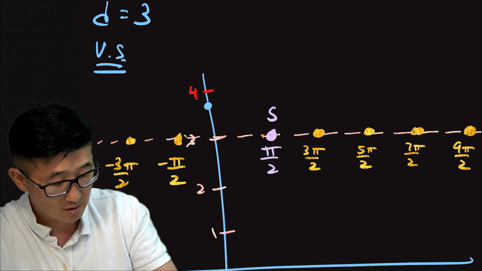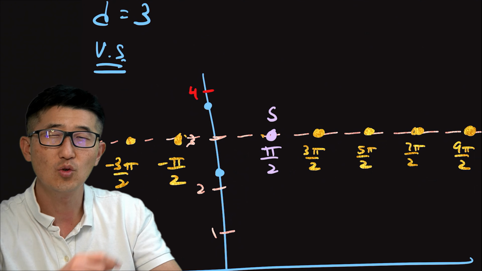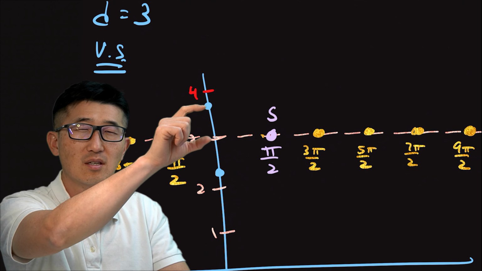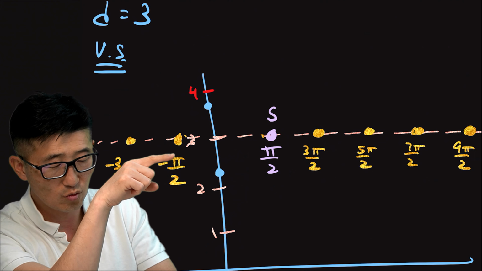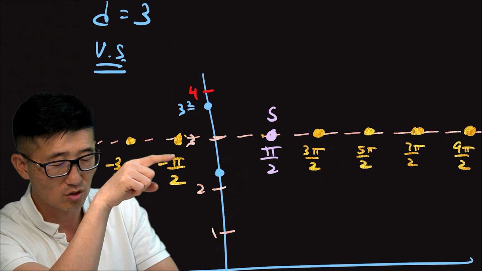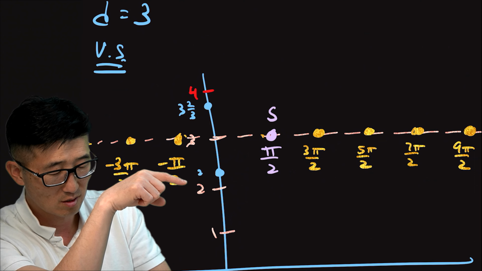Would I be able to write just 2 over 3? No, you have to add it to 3. So it'll be 3 and 2/3. You can do that. And then the bottom one will be 2 and 1/3. You get it? Yes, that makes more sense.